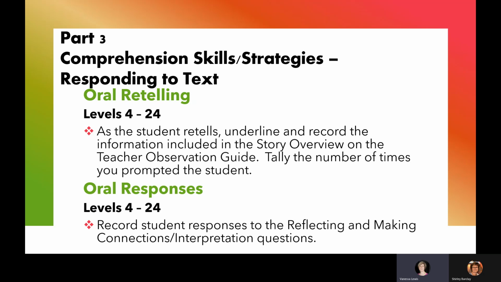You'll tally the number of times that you needed to prompt the student. From there, you'll record student responses to the reflecting and making connections interpretation questions for the given text. So that focuses on the retelling pieces and their oral responses.